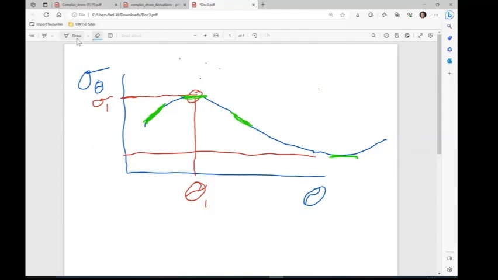And that occurs at that point there, and that would be theta 2.